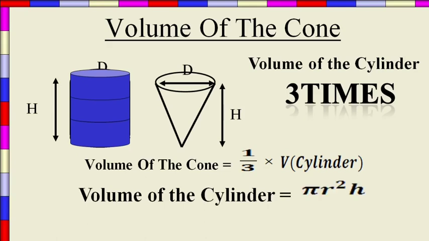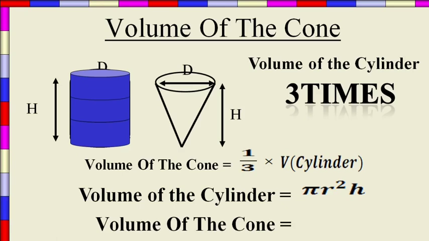Volume of the cylinder is pi r square into h, which we already discussed in this video. So in that way, volume of the cone is actually 1/3 of volume of the cylinder, that is 1/3 into pi r square into h.